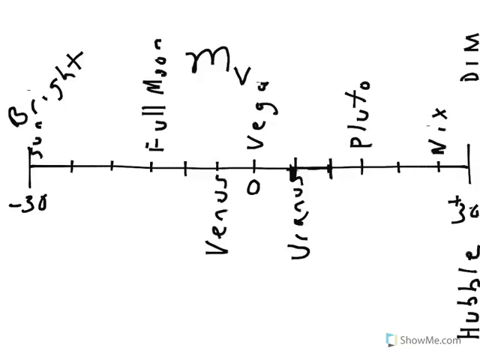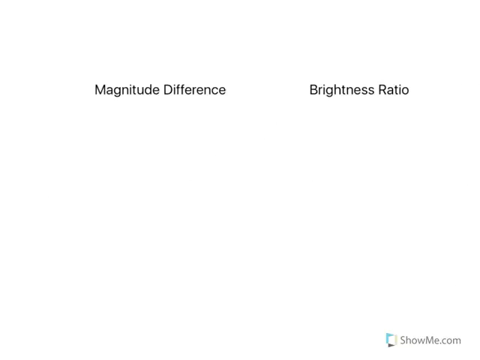Well, how can we say how bright one object is compared to another object? So let's talk about magnitude difference and brightness ratio. The first thing we want to talk about is magnitude difference. Difference means the difference between two magnitudes.